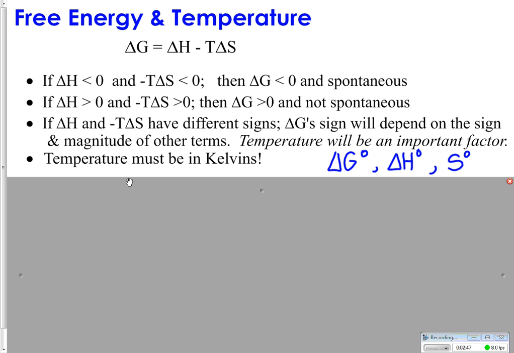Now technically it's 298.15, but standard state conditions are very different than STP, and we've talked about that once before, but it doesn't hurt to remind you. So whenever you see this little degree symbol, you should always think of a temperature of 298 Kelvin.